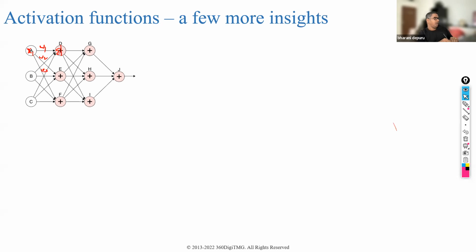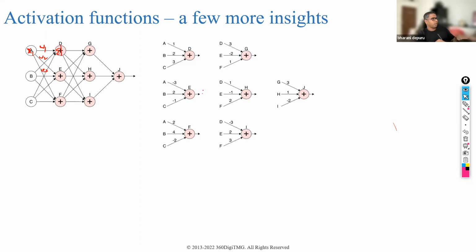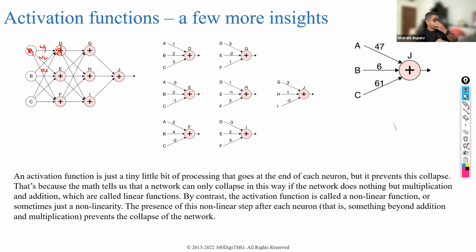So it is multiplication and summation functions which are going on. When you do multiplications and summations, your so-called network is going to collapse like this. It will collapse and ultimately it will stop.